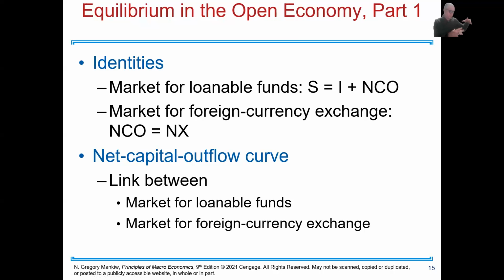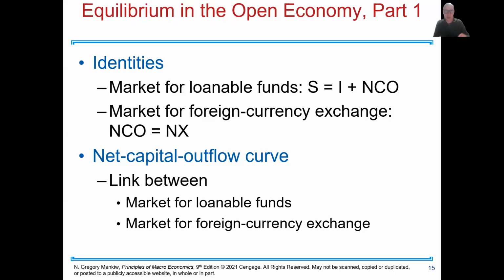Okay, so we looked at exchange rates. We looked at the foreign market exchange rates. We looked at a couple of other concepts. So now let's put it all together: equilibrium in the open economy. As you know, the open economy has to do with loanable funds and foreign exchange rates, but obviously trade is the biggest part. So a couple of things we need to remember. The market for loanable funds formula is savings equals investment plus net capital outflow.